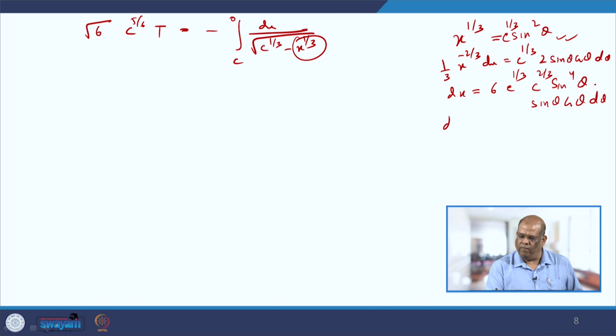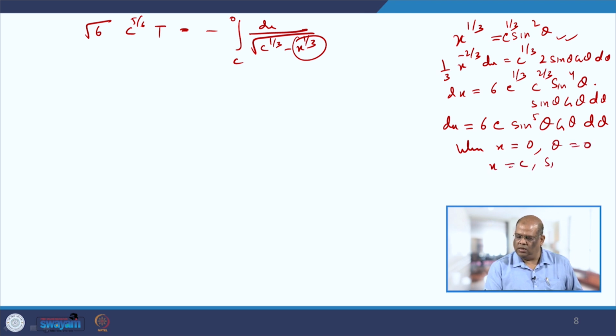So, if I simplify, this is 6 c sine to the power 5 theta cos theta d theta, and when x equal to 0, theta equal to 0, and x equal to c, sine theta equal to 1 implies theta equal to pi by 2.